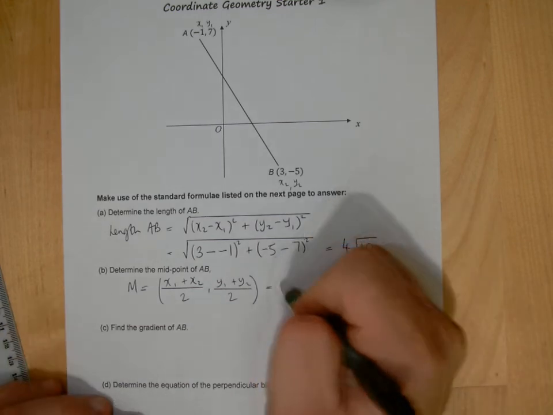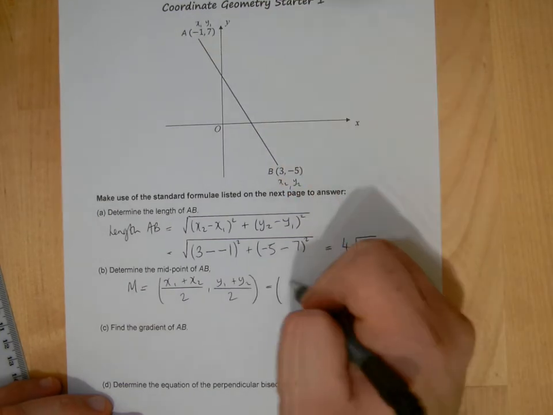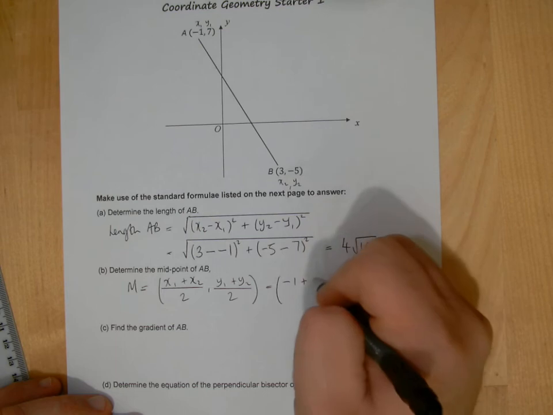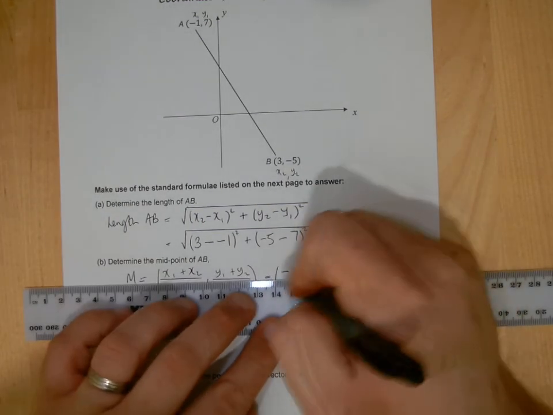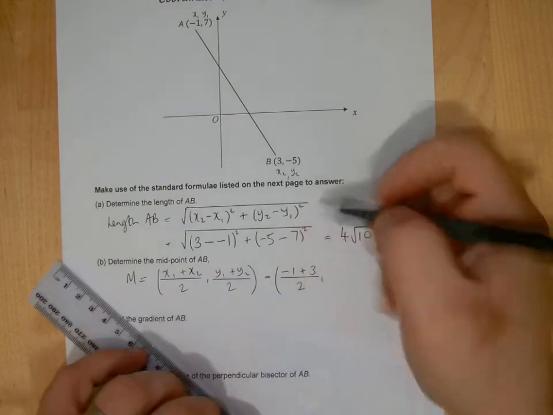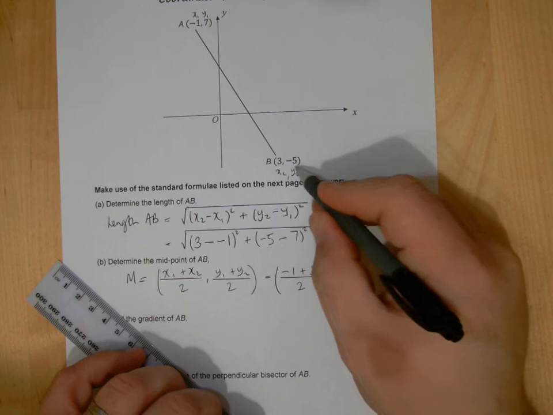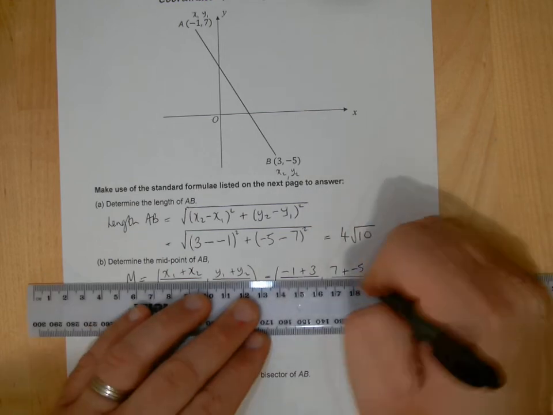So in this case, let's do x1 first, so -1, add then x2, which is 3, divide that by 2, and then y1, which is 7, add then y2, which is -5, divide that by 2.